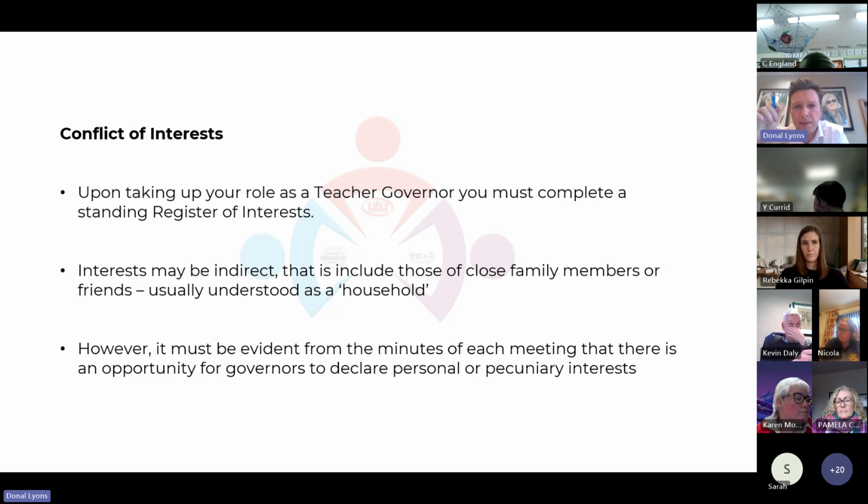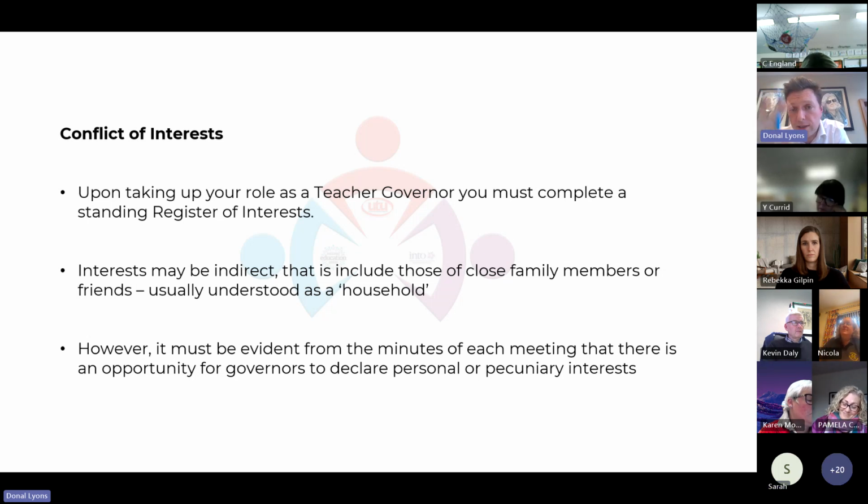And this is where it gets a little bit difficult because we're getting into quite personal territory here. But it is up to the governor, the teacher governor in this instance, to declare if their partner or a first generation relative or someone that they cohabit with has an interest, they too need to be declared.